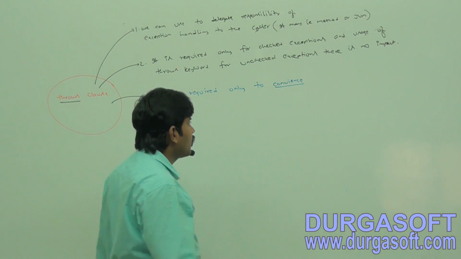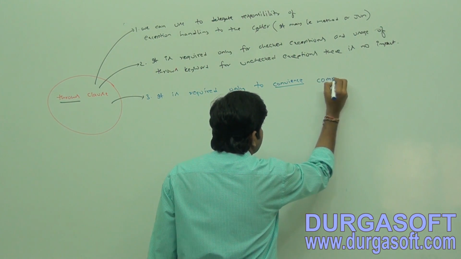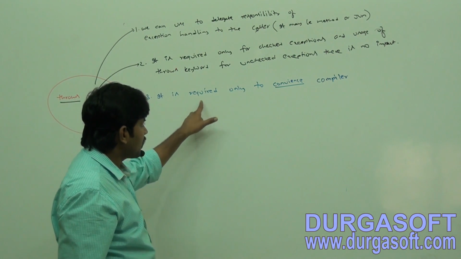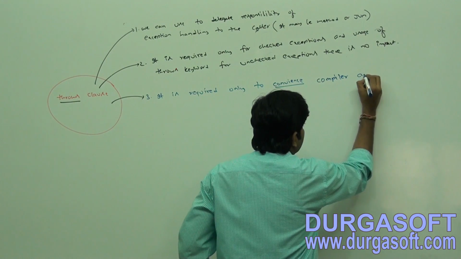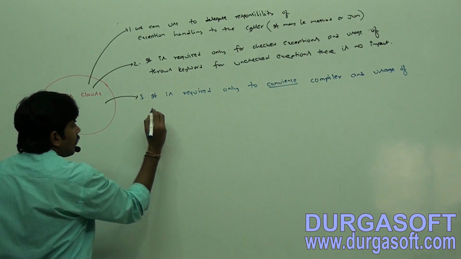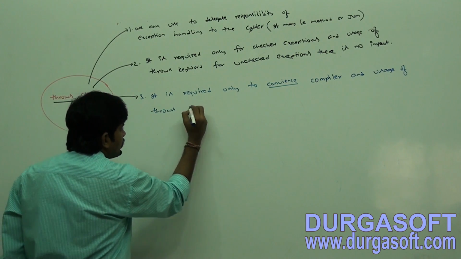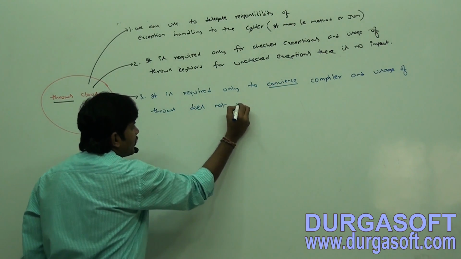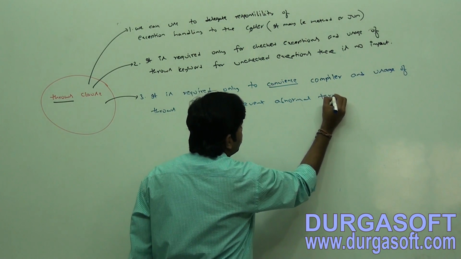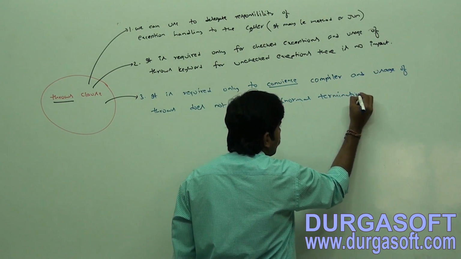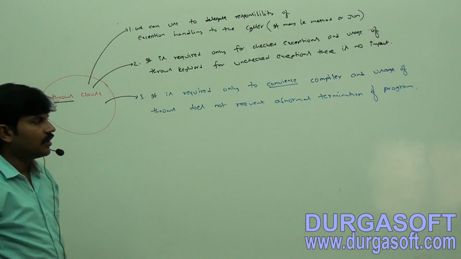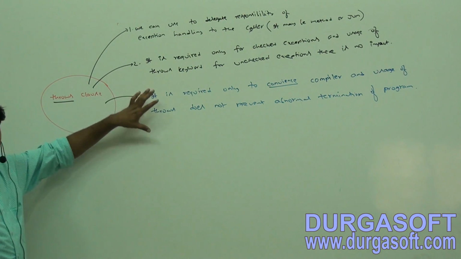Correct, right? Only to convince the compiler. If you want, you can cross check the spelling, and if any change is there, you can do that. It is required only to convince the compiler, and usage of throws doesn't prevent abnormal termination of the program. So that's all. These are the three conclusions you people should be aware of.